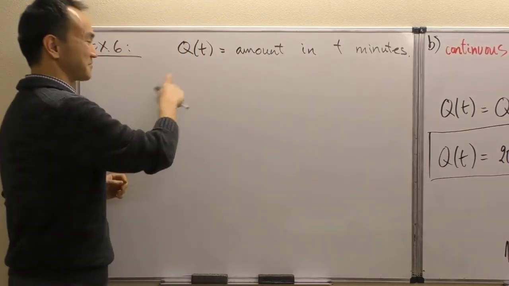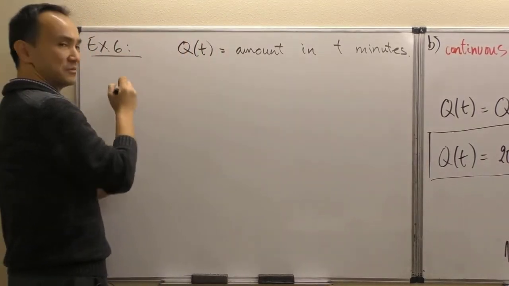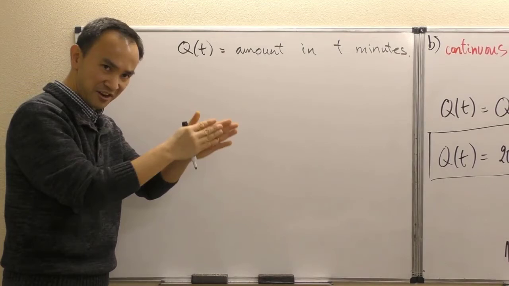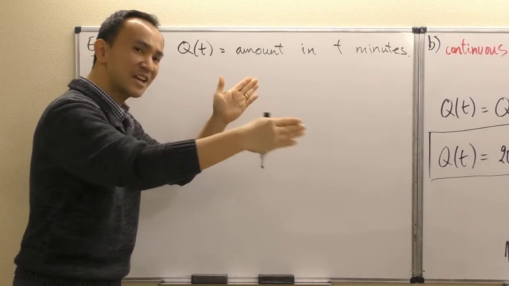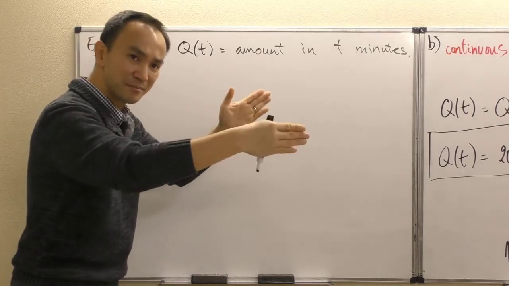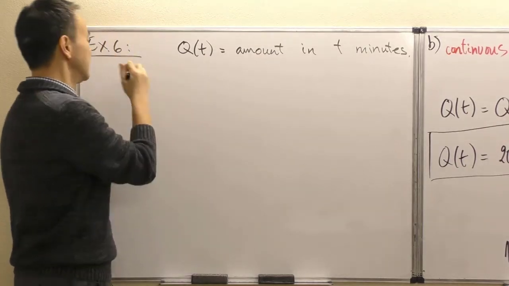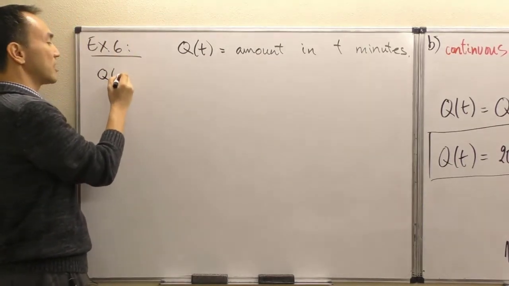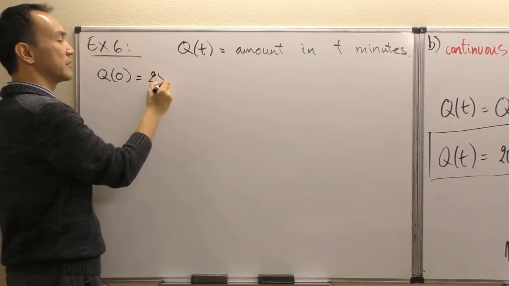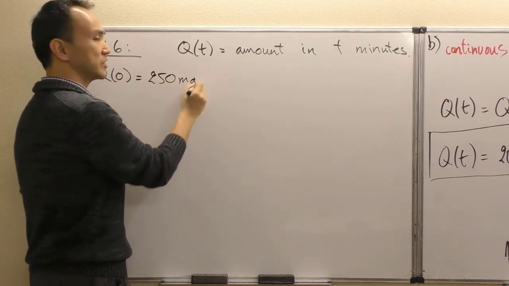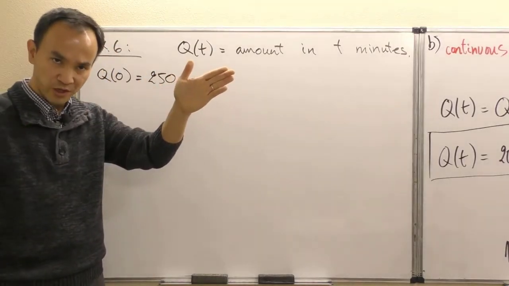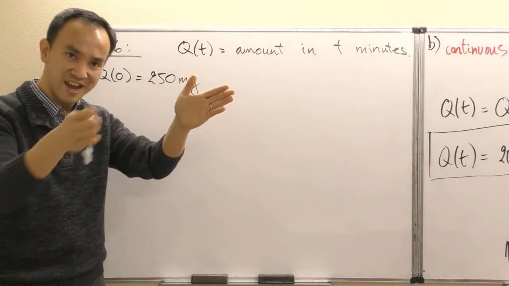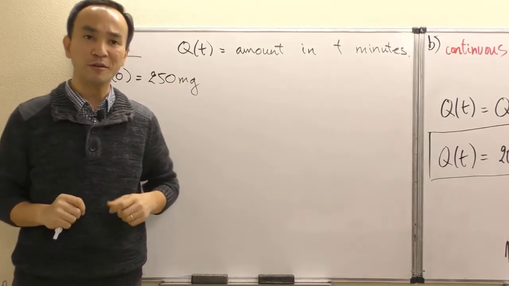As I stated and pointed out earlier, we have a starting amount and an ending amount, so we can tackle that right there: Q of 0 has to be 250. So 250 milligrams is the start of our time interval, and then 225 minutes later, it's going to decay down to only 32 milligrams left.